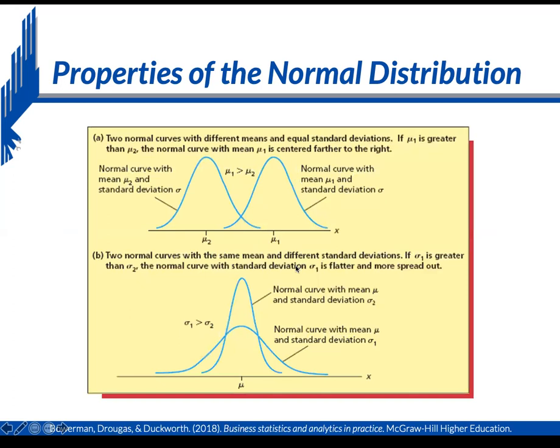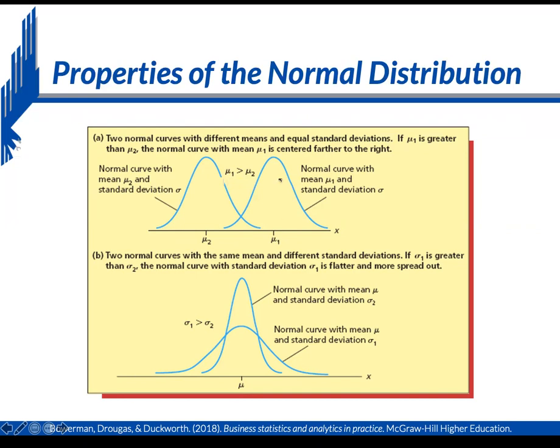So that is shown here in this slide. In the first set of normal curves, we can see two normal curves with similar shapes, but they just differ in terms of the center or their location along the x-axis. This curve is somewhere to the right of this other normal curve, and that is because they differ in terms of the mean.